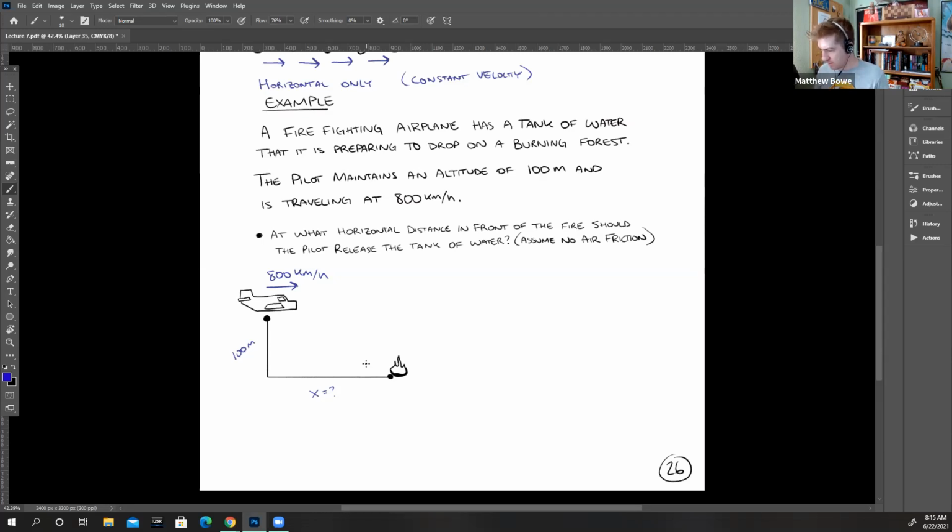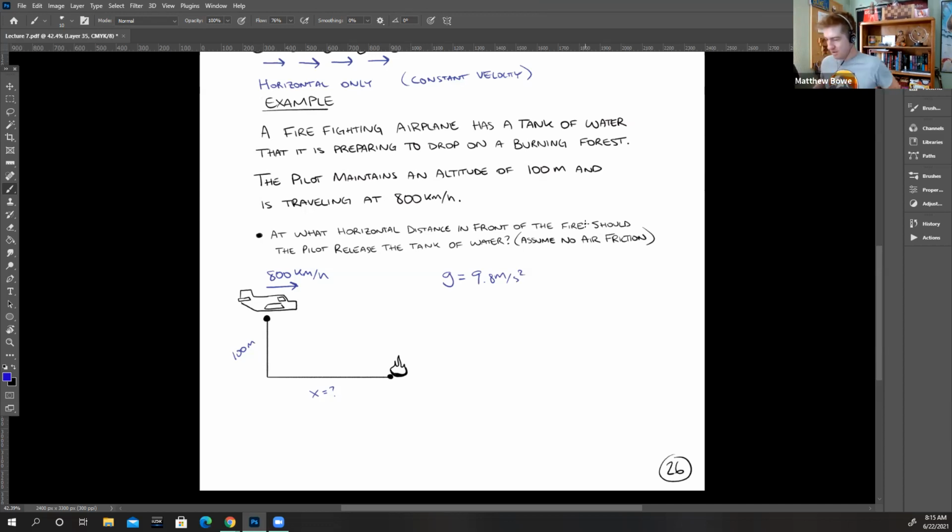Okay, there's another value that we know. We know the acceleration due to gravity, g, is 9.8 meters per second squared.